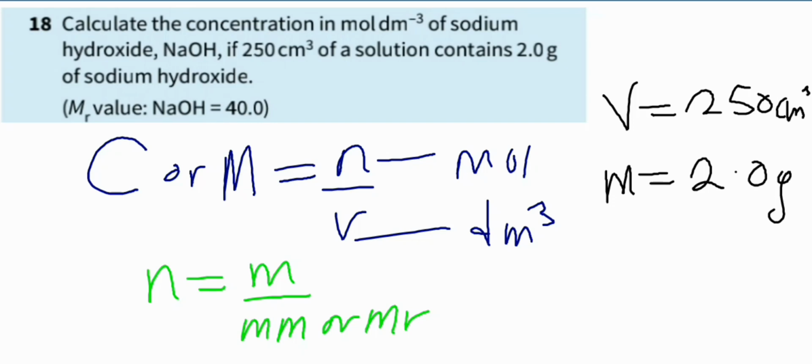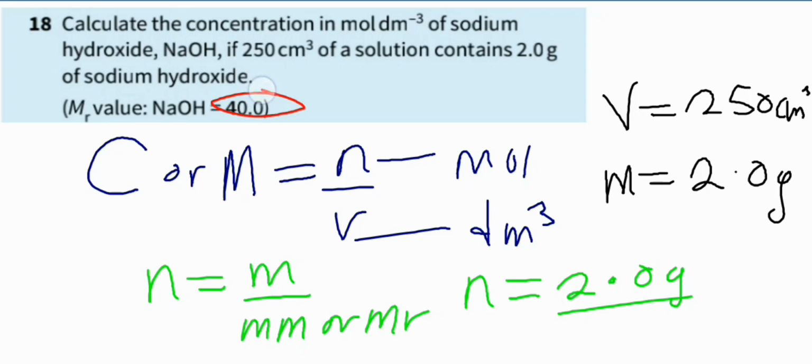In this case, the number of moles is going to be equal to the mass of sodium hydroxide, which is 2.0 grams, divided by the molar mass of sodium hydroxide, which is 40 grams per mole.